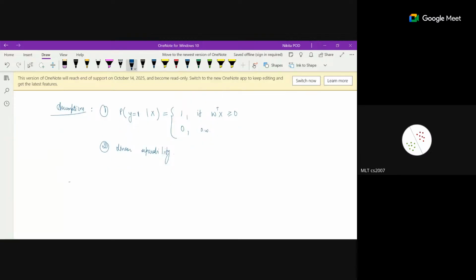The problem that we were trying to solve is to minimize the loss function, right?